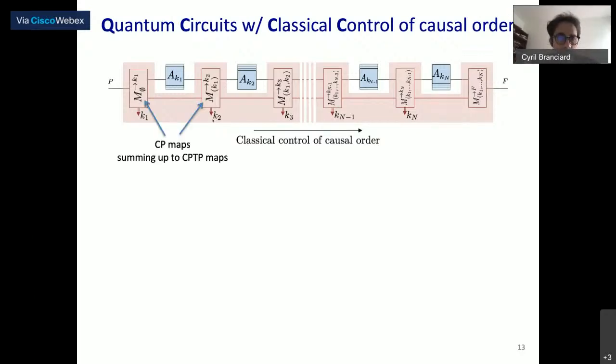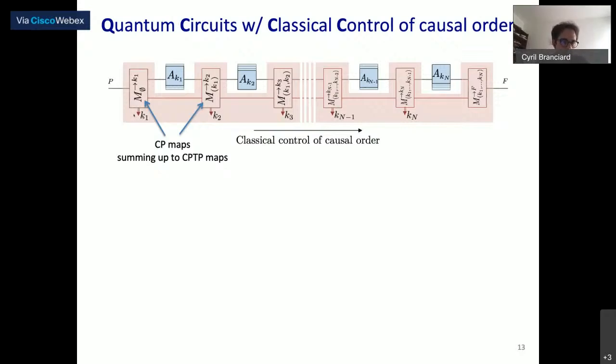So before, in the fixed order case, we had CP-TP maps, deterministic maps, inside here, those internal operations. Now we relax this assumption of CP-TP. Each of them is not trace preserving anymore.